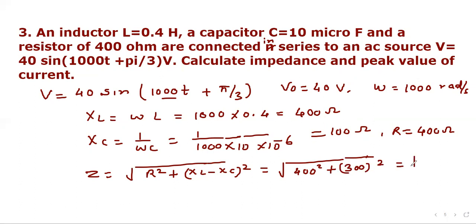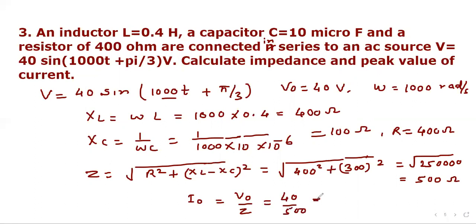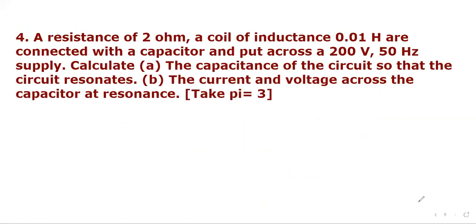So this will be root of 250000, that is 500 ohm. Now we can find maximum current, peak current. I0 is V0 upon Z. So V0 is 40 and Z is 500. So that will be equal to 0.08 ampere. Let's see next question.